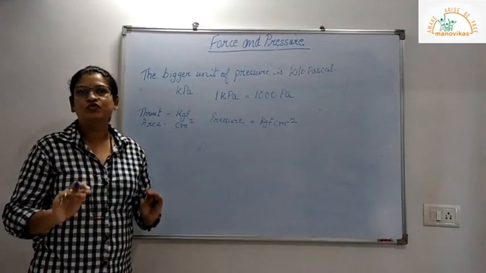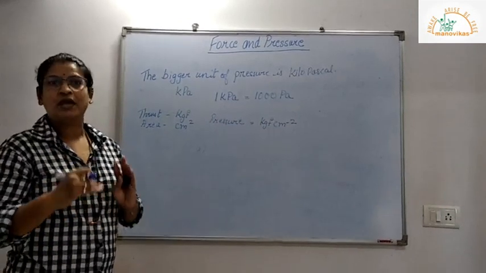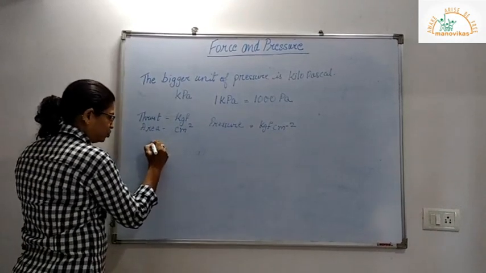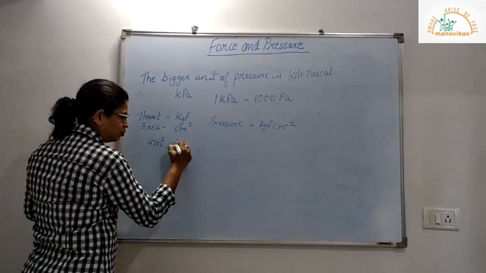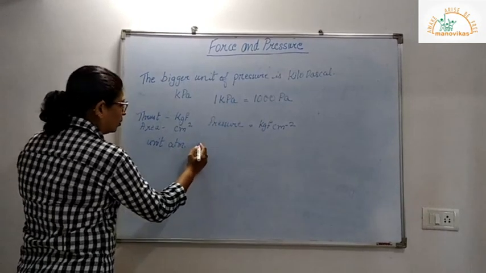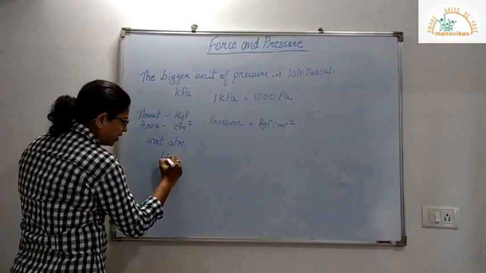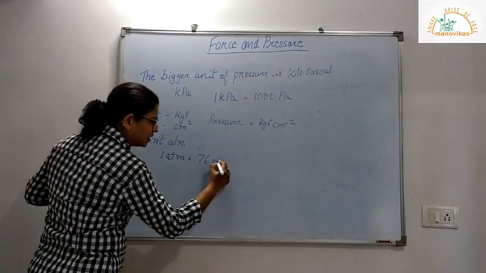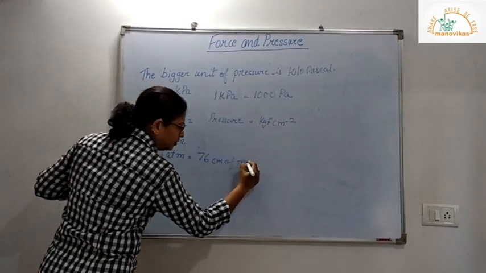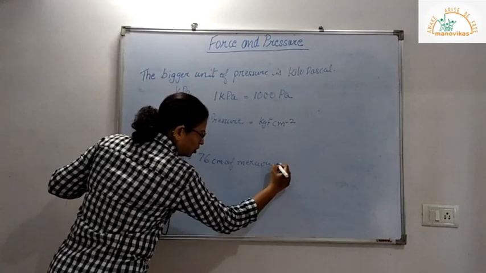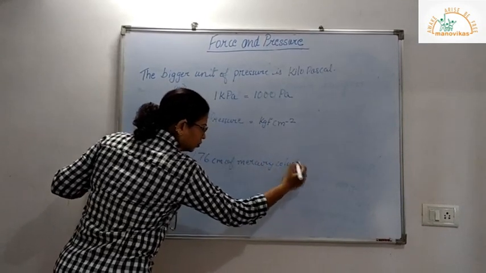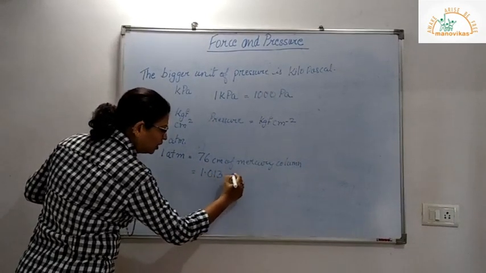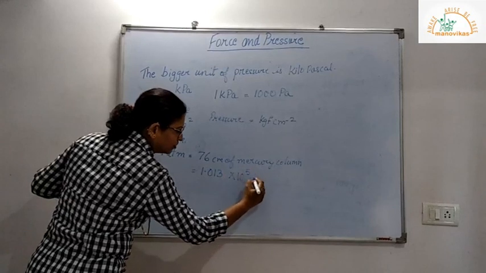And our atmospheric pressure is expressed in the unit atmosphere, where 1 atmosphere is equal to 76 centimeter of mercury column, which is equal to 1.013 times 10 raised to 5 pascals.